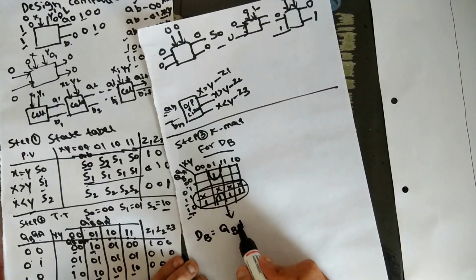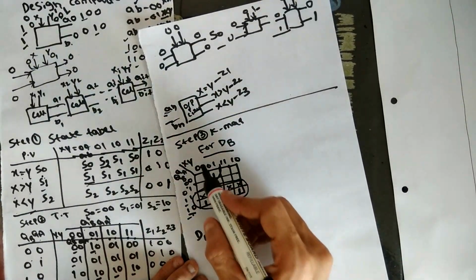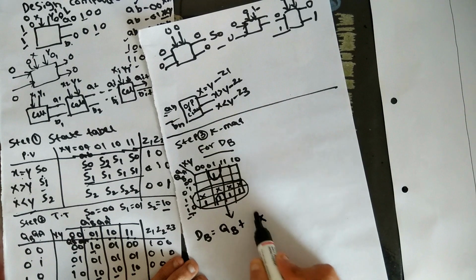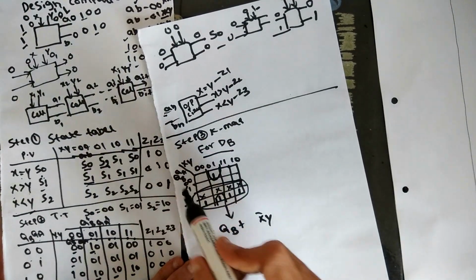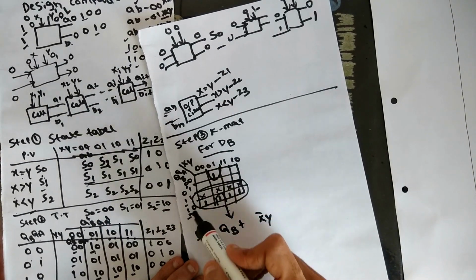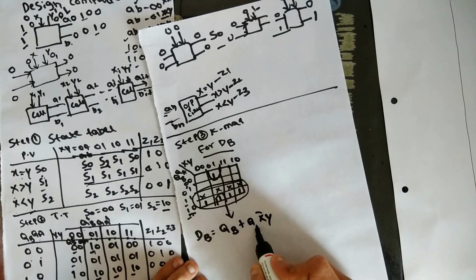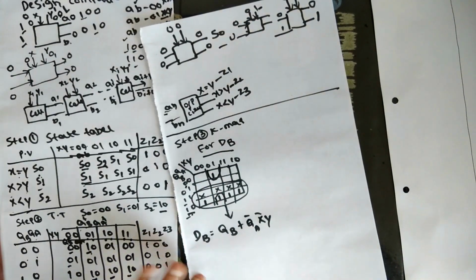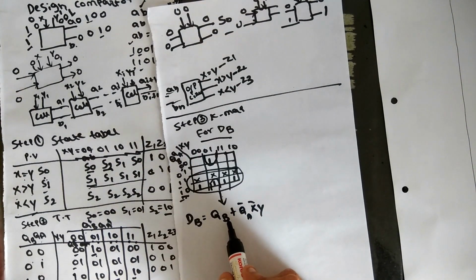Here 0 1 is common, so we take X bar and Y. For QB QA at 1 0, QB gets cancelled, and QA we get as 0, so it is QA bar. So the answer for DB is QA bar X bar Y plus QB. Similarly, try for the second one.